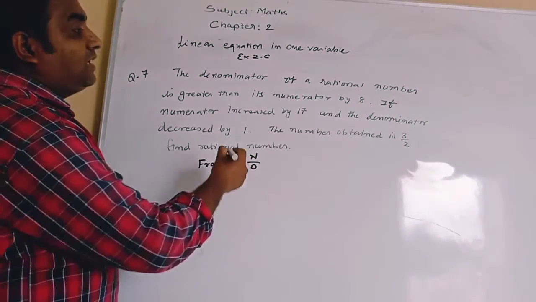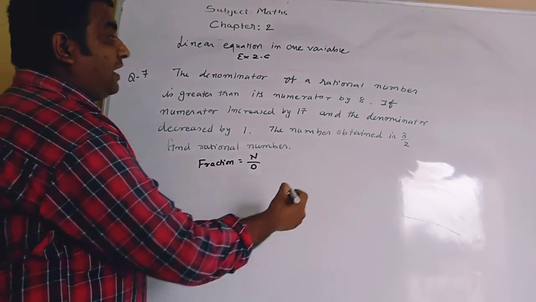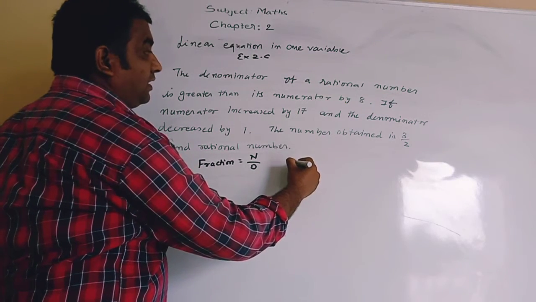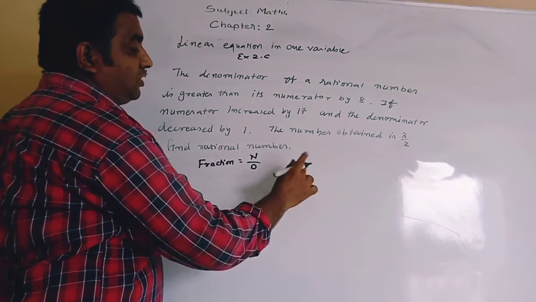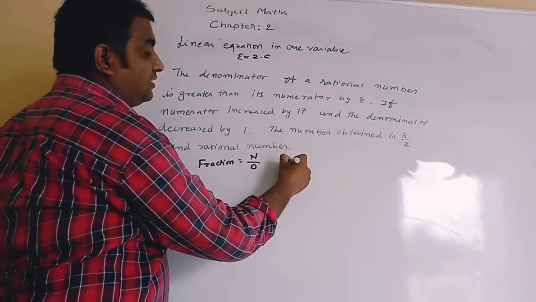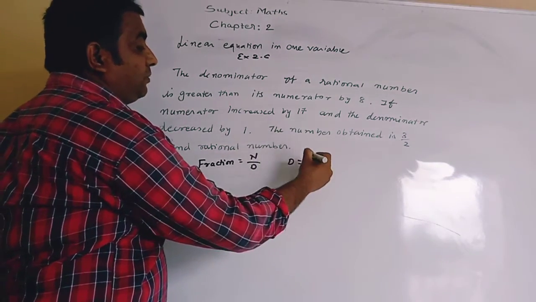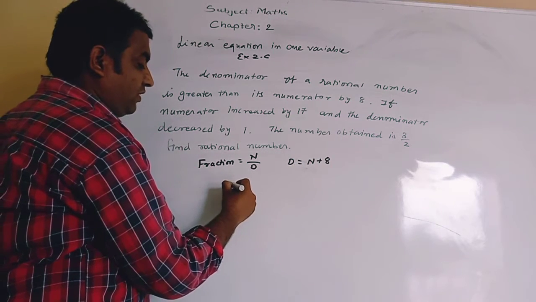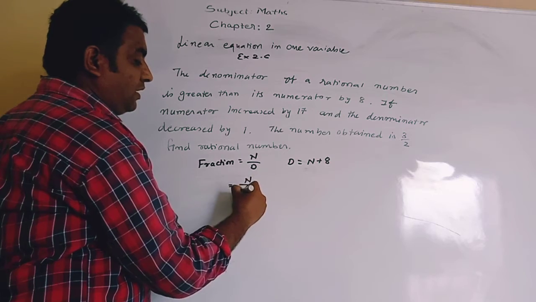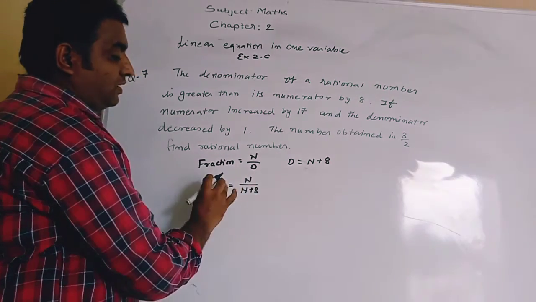The denominator is greater than the numerator by 8, so the denominator is numerator plus 8, and our fraction will be n by (n plus 8).